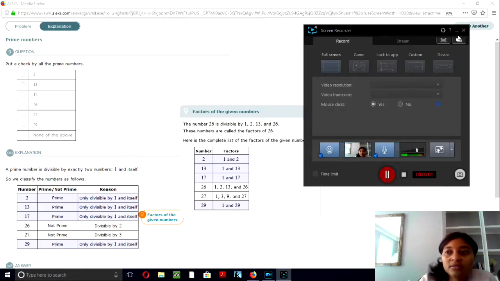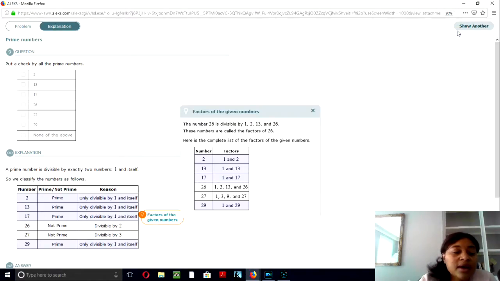This focuses on prime numbers, and this means that the number is only divisible by 1 and itself. So if it's divisible by 3 different numbers, it's not going to work. So for instance, 2 is only divisible by 1 and itself.